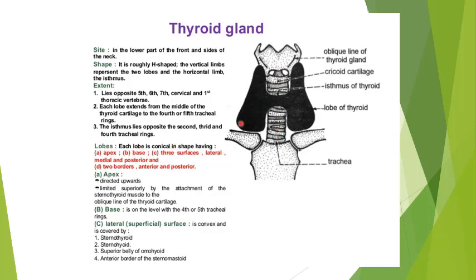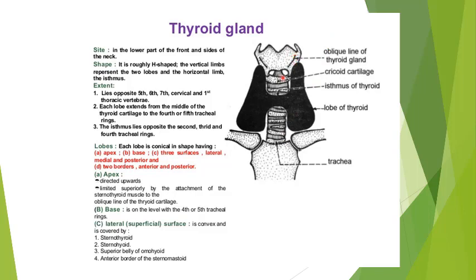Each lobe is conical in shape, having an apex, a base and three surfaces, that is lateral, medial and posterior. The two borders are anterior and posterior. The apex is directed upwards, limited superiorly by the attachment of the sternothyroid muscle to the oblique line of the thyroid cartilage.